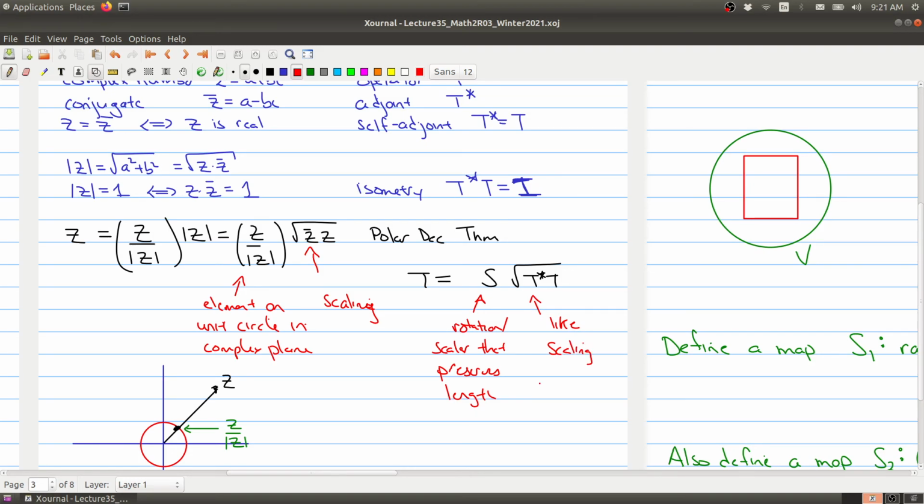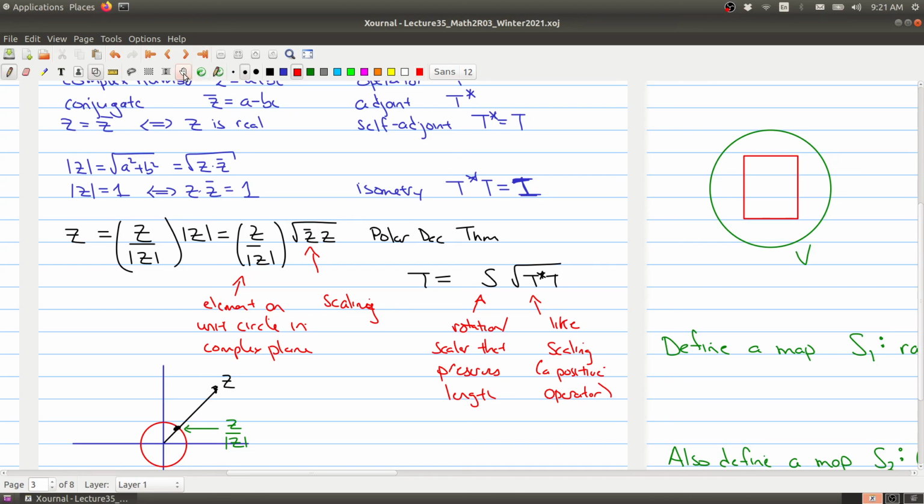So it's a positive operator, which makes sense, because in terms of scaling, you're never going to multiply by a negative number. You're always stretching the vector from the origin outwards.